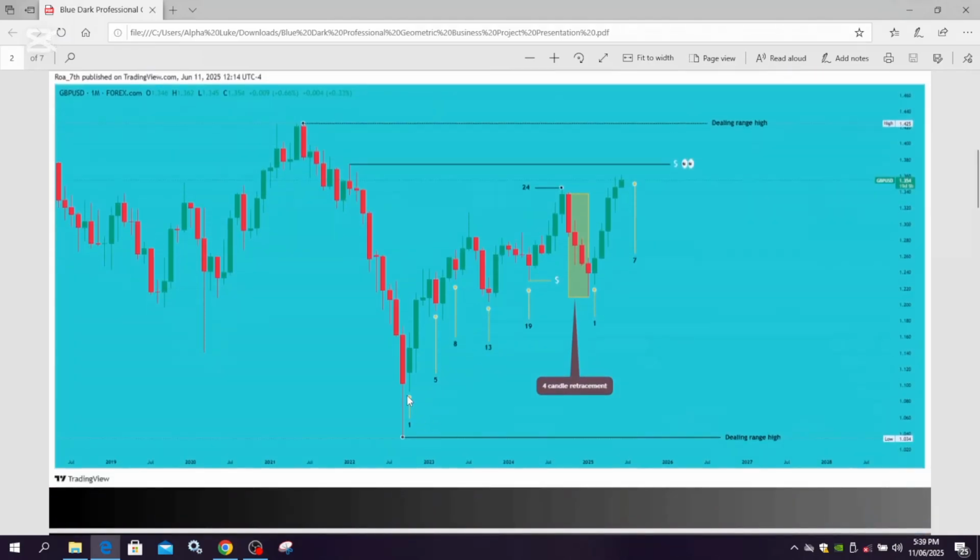Now, in this current sequence on the monthly of GDP USD, we're looking at the 1, 5, 8, 13, 19, and 24 sequence. Okay, this is supposed to be 7th, right? But remember I told you that some certain sequence can be hastened by certain digit. When this is actually hastened or delayed, it becomes a number higher with 2 or 3 difference.